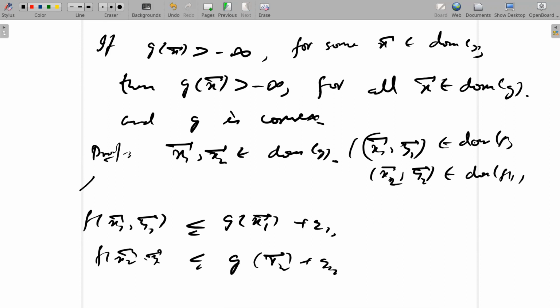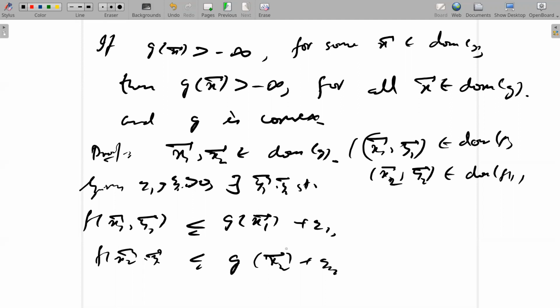In a sense, I'm saying given epsilon 1, epsilon 2 bigger than 0, there exist y1, y2 such that this holds. That's because g is the infimum. When I add something to the infimum, then that value must be attained by f.